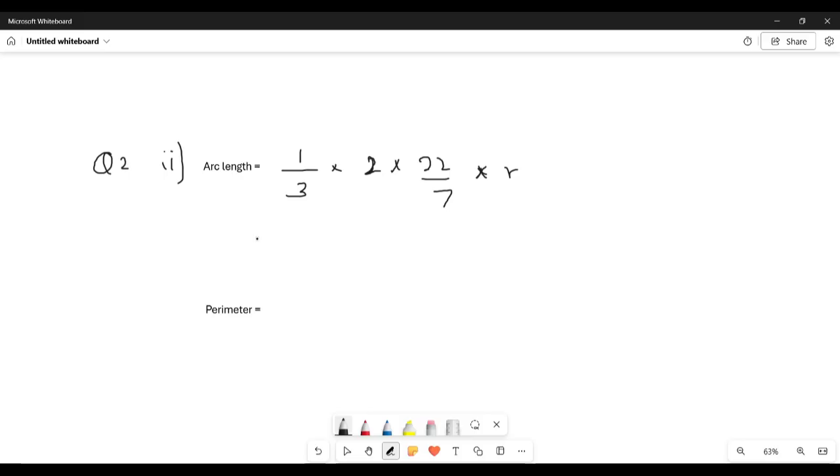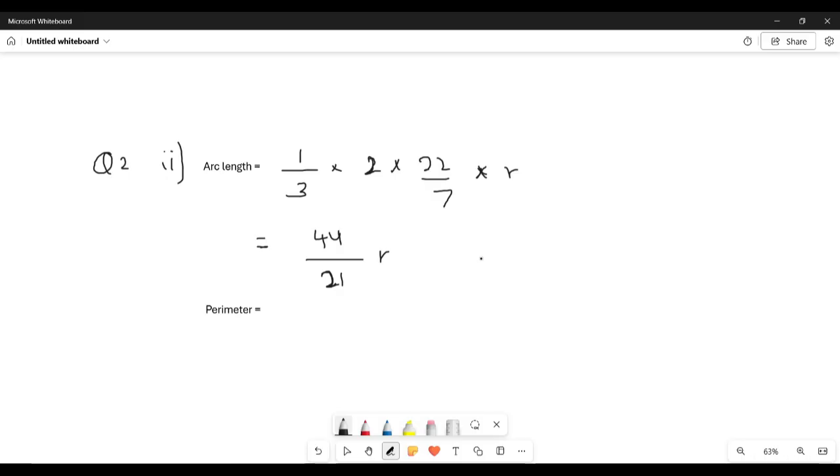Yeah, nothing. So we have to solve to get our arc length. So multiply the top, that is 44 over 3 times 7 is 21. Okay, and oh yeah, don't forget the r.